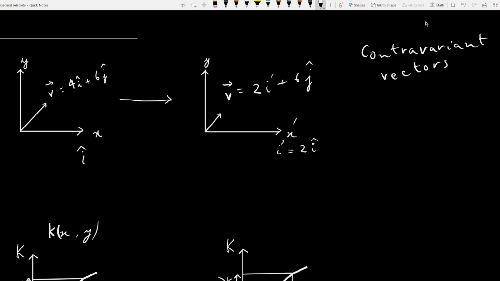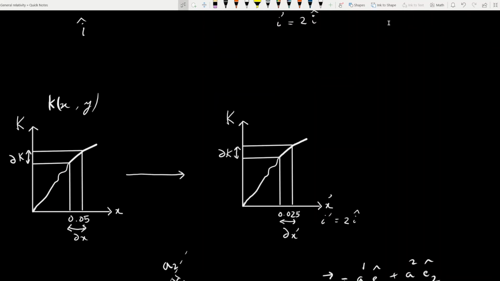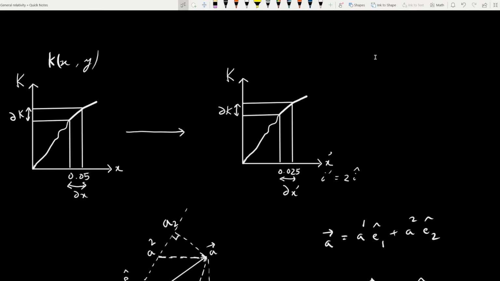Now let's talk about covariant vectors. As you can see, I have drawn out a function k, where k is a function of x and y, and I have represented how k changes with x.